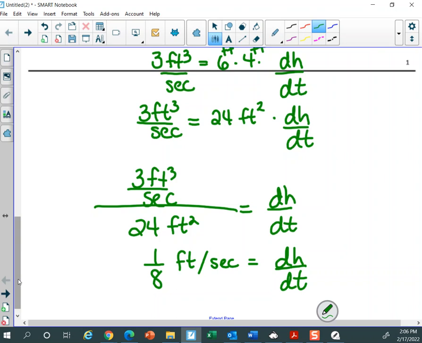So volume problems, area problems, circumference problems, perimeter problems. These are all typical geometric scenarios that relate measurements, where the change in one or more of the measurements creates a potentially different rate of change in the other elements. That's what we're trying to do with these problems.